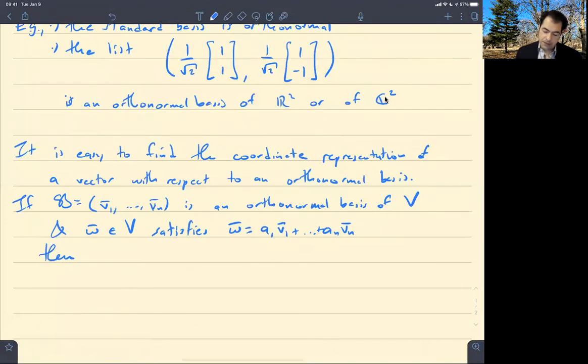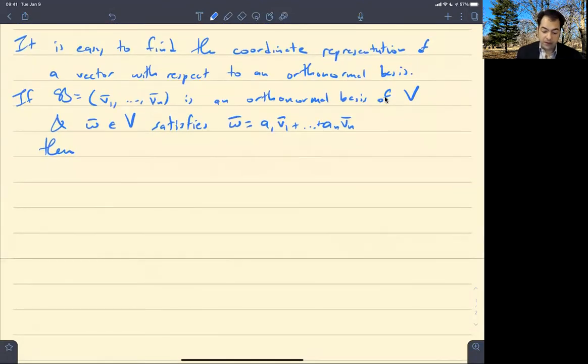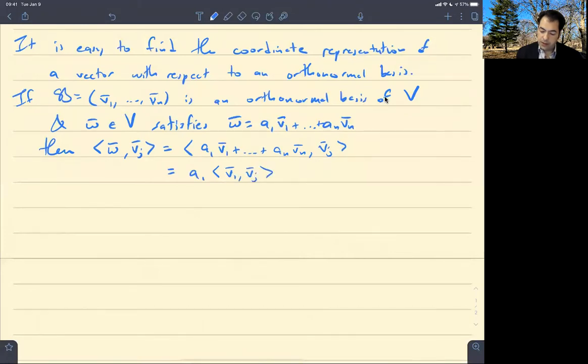Well, the thing to notice is that if I take the inner product of W with any one of the basis vectors, let's say vj, then let's see what we get. For W, we can substitute a1 v1 plus dot dot dot an vn, and then we're taking the inner product with vj. Because the inner product is linear in its first entry, I can write this as a1 times the inner product of v1 with vj plus dot dot dot plus an times the inner product of vn with vj.